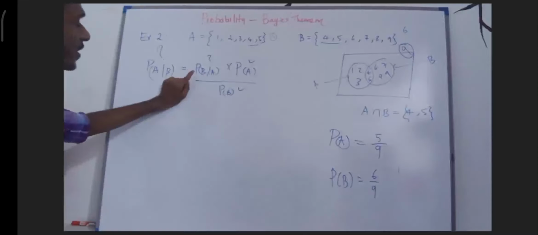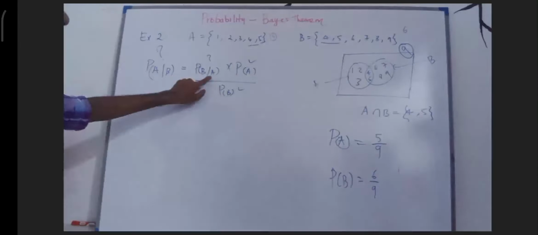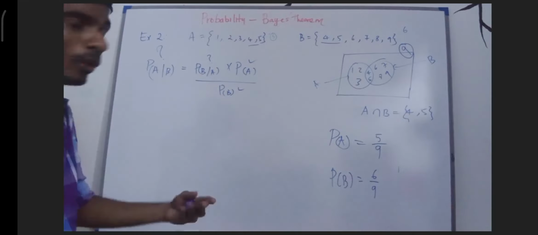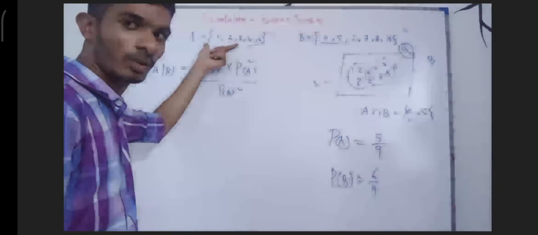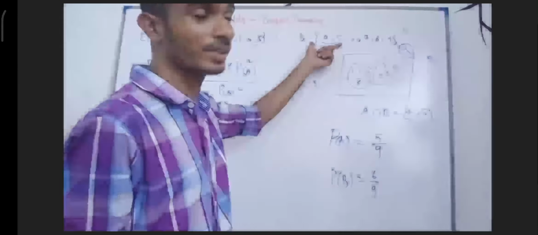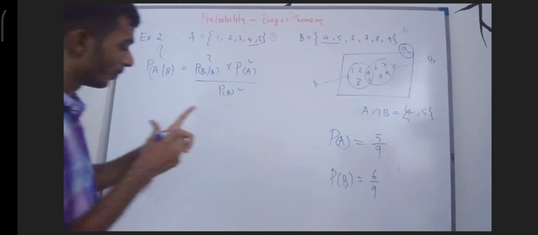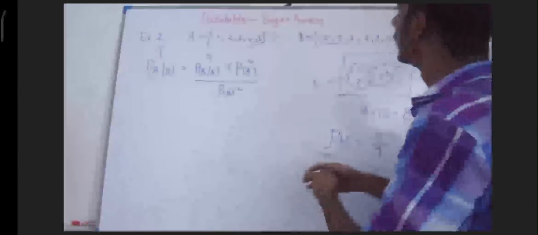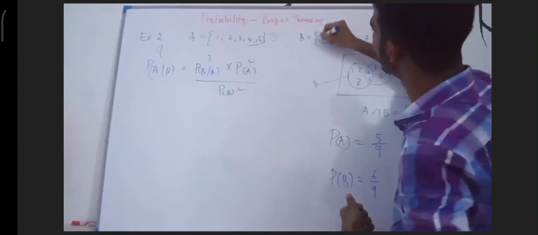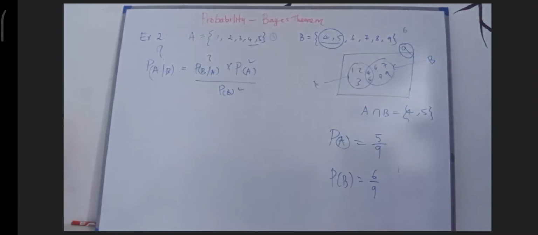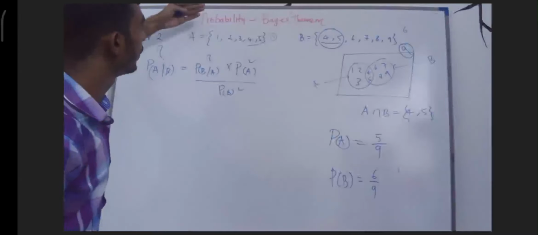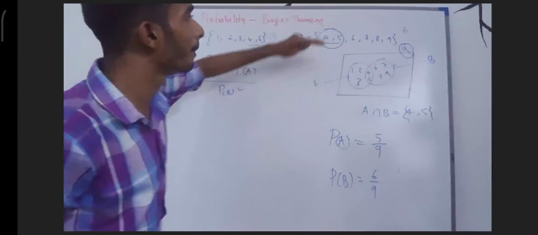So this means probability of B occurring when A has already occurred. Now I told you A has already occurred and B is occurring second. So when A has already occurred, how many B's are in A?